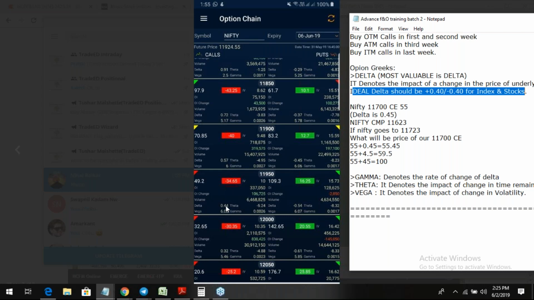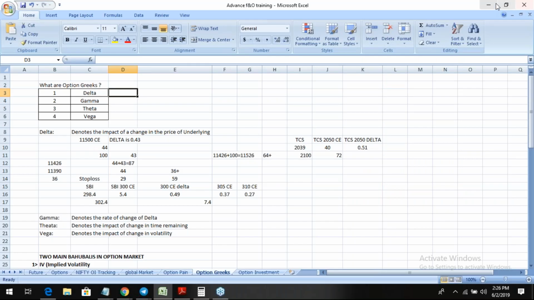Of course not. So who tells us how much the delta will change? Gamma tells us. What does gamma denote? It denotes the rate of change of delta.